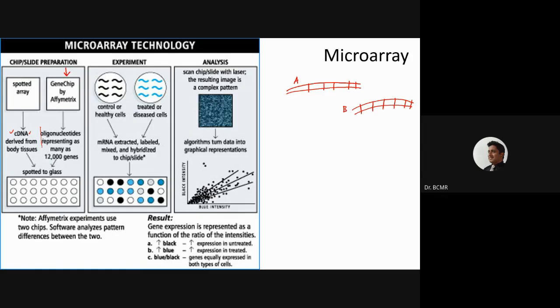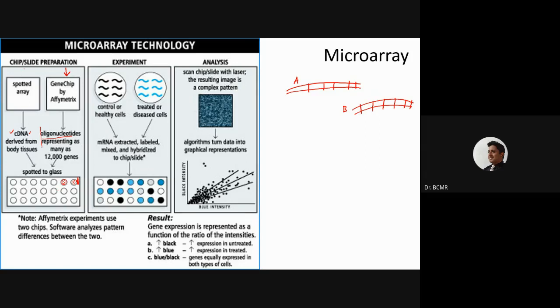You have to make oligonucleotides, with each gene represented by one type of oligonucleotide, and they should be spotted onto glass. For gene 1, the oligonucleotide should be spotted here and fixed to the glass slide. For gene 2, all the oligonucleotides in this spot will have the same sequence.